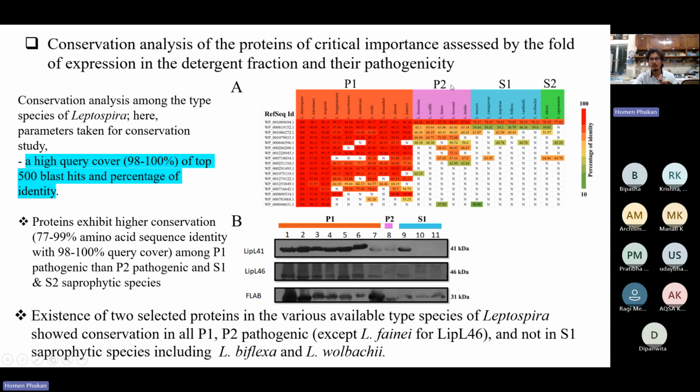And P2 is a pathogenic type 2 species of Leptospira, which is an intermediate or comparatively less pathogenic. And S1 and S2 are saprophytic. So we were able to find that most of these 17 potential virulence factors are highly conserved in the P1 pathogenic species, and this immunoblot also provided a significant result.